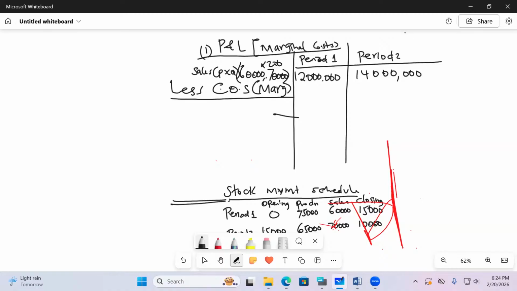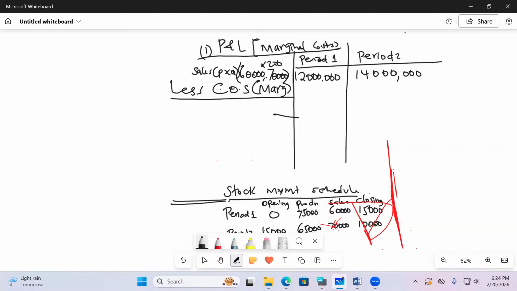So we are lessing cost of sales. Specifically, we are subtracting the marginal cost of sales. Whenever they talk of cost of sales, what comes to our mind, my good students? Opening stock plus purchases? No, we are not. We are a manufacturing firm. Production, isn't it? And then we less closing inventory.